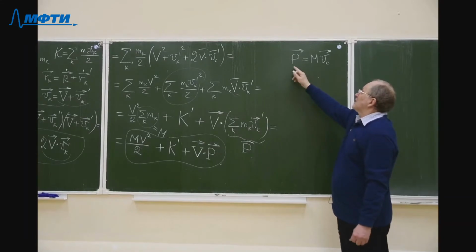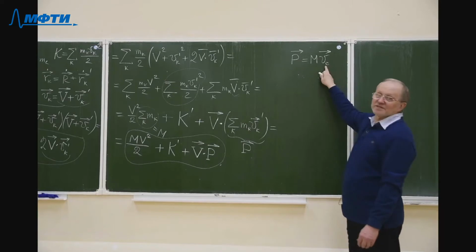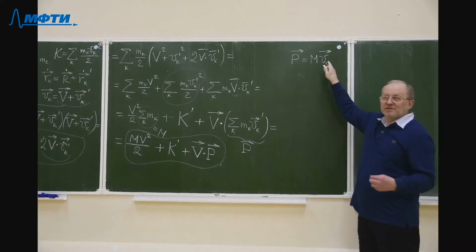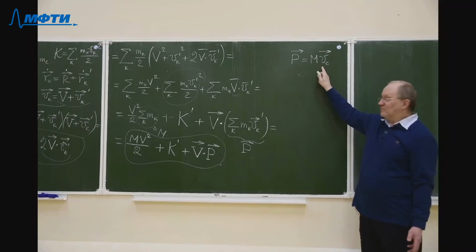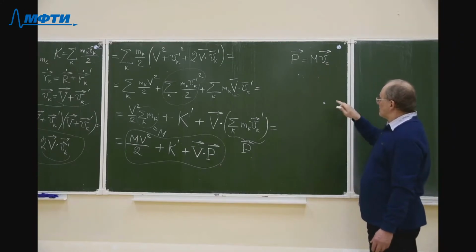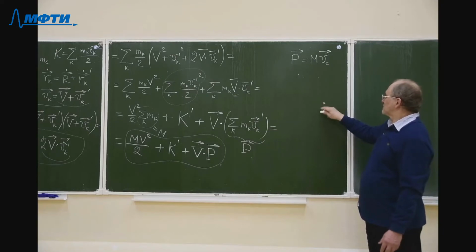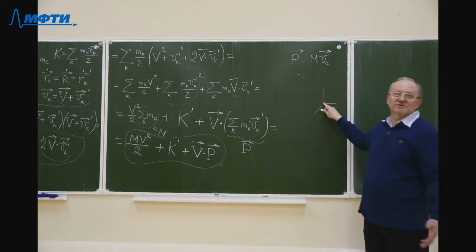So if we are measuring this quantity in the system of reference coinciding with the center of mass, what will be the velocity of the center of mass with respect to the center of mass? It will be 0. If you measure the velocity of this point from the point of view of this point, from the system of reference associated with this point, what will be the velocity of this point here? 0.